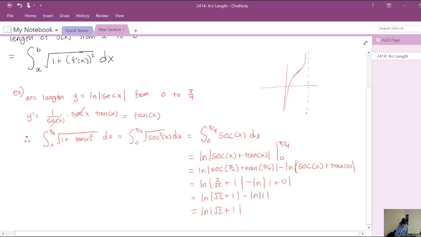It's not a particularly simple function to draw, but the important idea is that from x equals 0 to pi over 4, the length of that curve over the interval should equal natural log of root 2 plus 1. Very cool, makes sense?